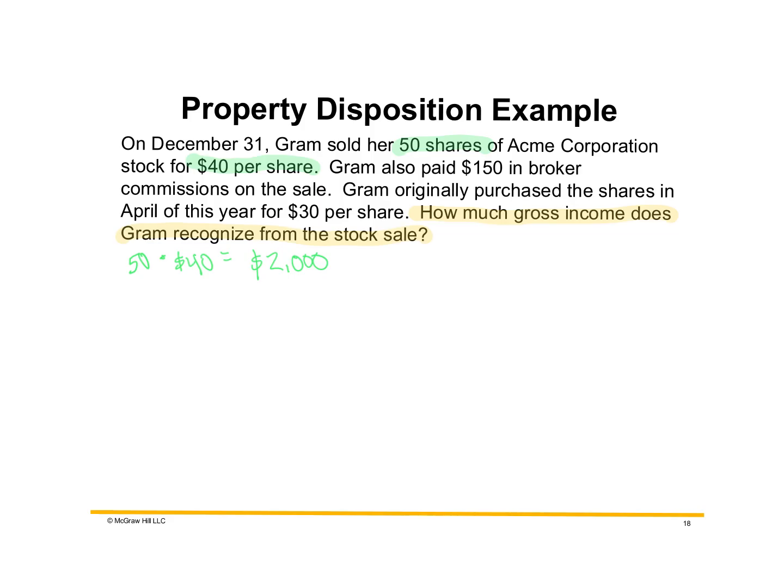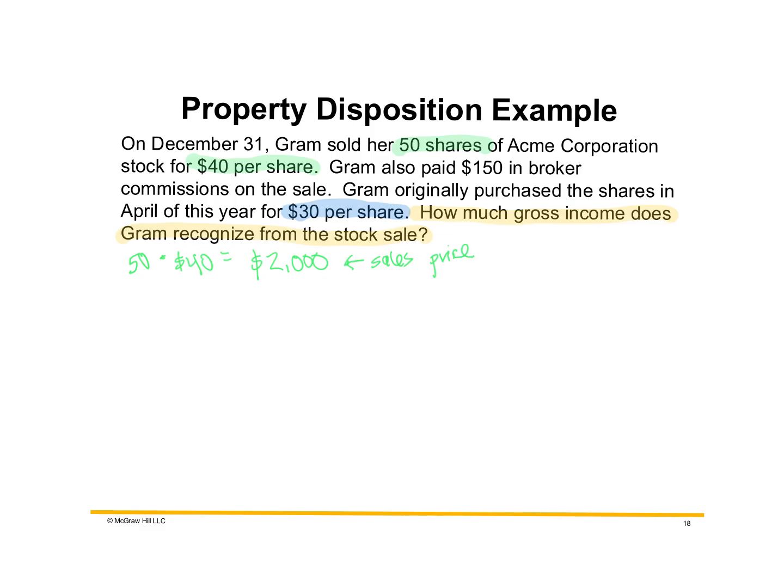The amount that she originally paid for them was $30 per share. So that's going to be part of her basis, what she originally paid for them. So here, I'm actually going to come back and label our first part. So everything in green here is our sales price.